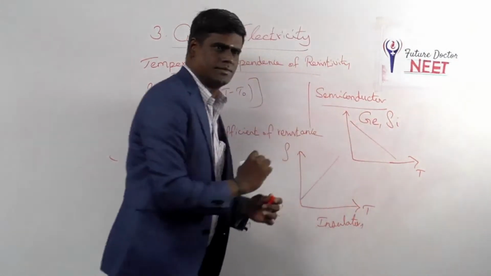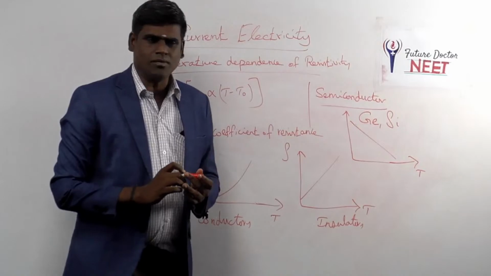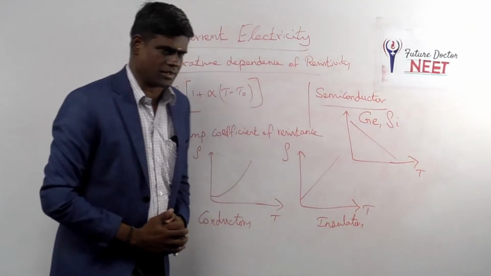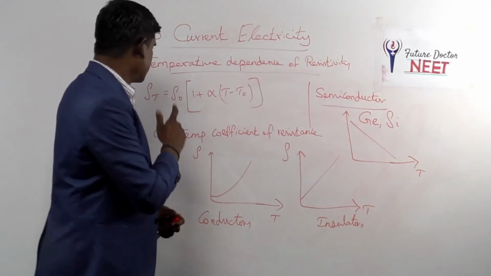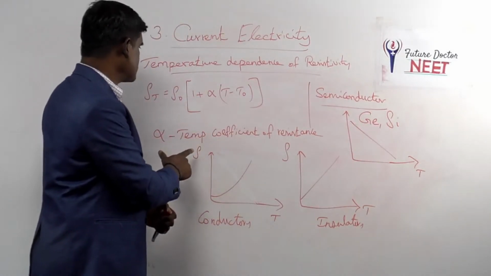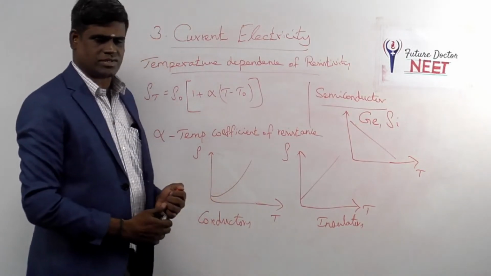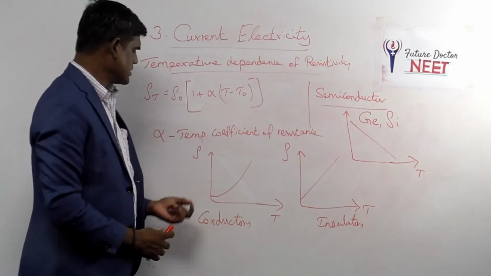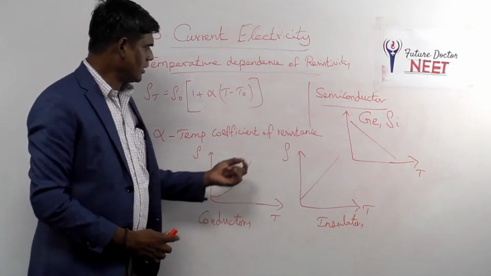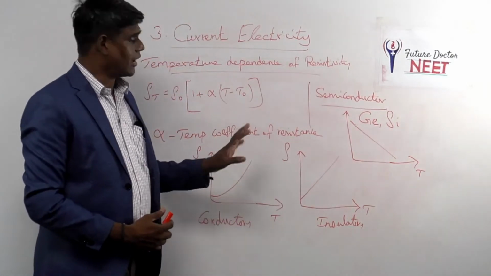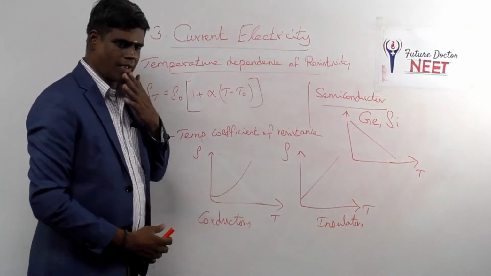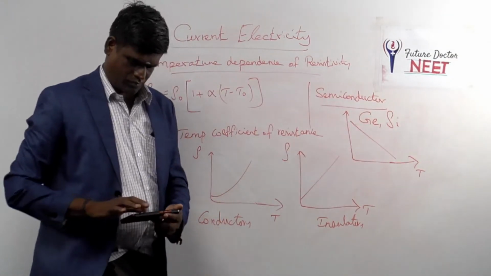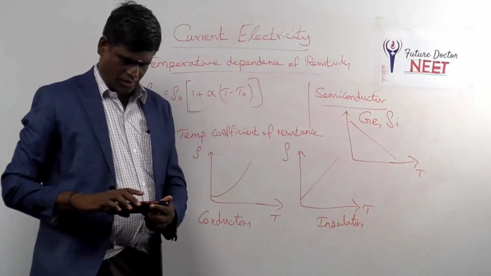Germanium, silicon. Germanium and silicon are the best examples for semiconductor. Okay. So temperature dependence of resistivity depends upon the material. Based on the resistivity only, we classified materials into 3 types: conductor, insulator, and semiconductor. Okay, color code over.